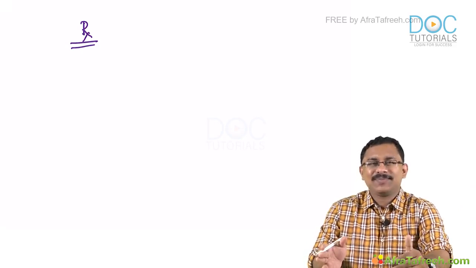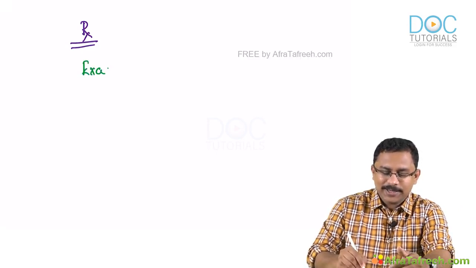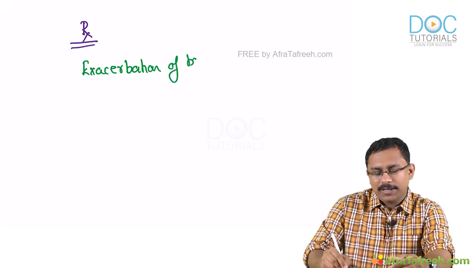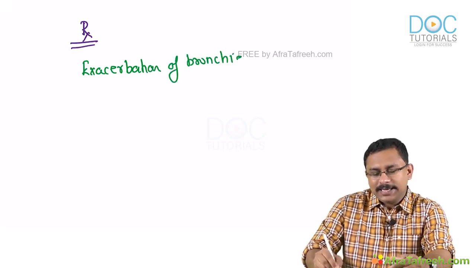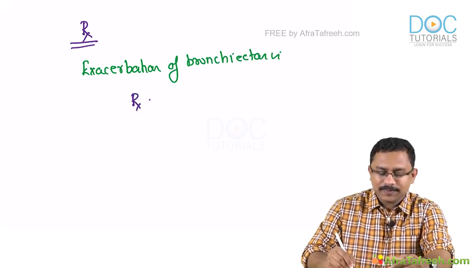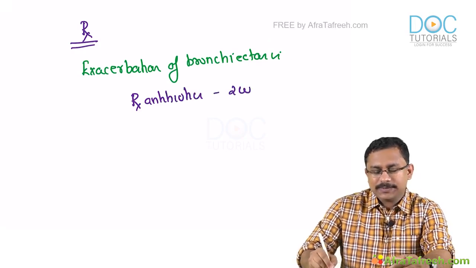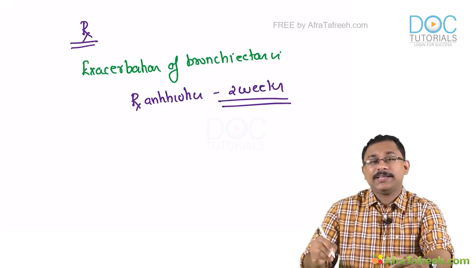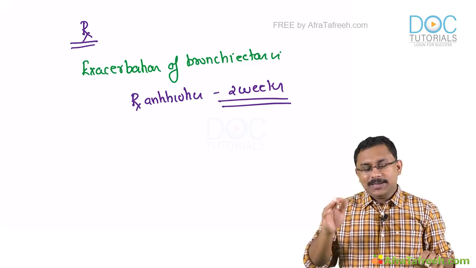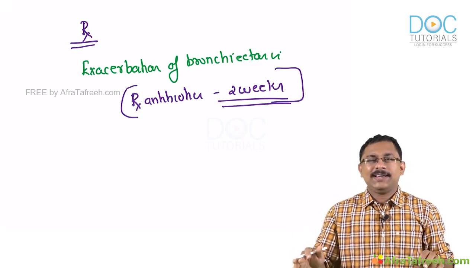Normally, if you have a patient presenting with an exacerbation of bronchiectasis, suppose a patient is admitted with an exacerbation of bronchiectasis, in such a scenario, what you should do is treat with antibiotics, which are given for 2 weeks. The guidelines also say 2 weeks. Harrison says 10 to 14 days, but the European Respiratory Society says it is better to give the full 2 weeks of antibiotics.